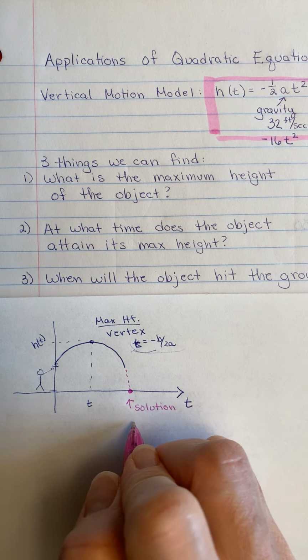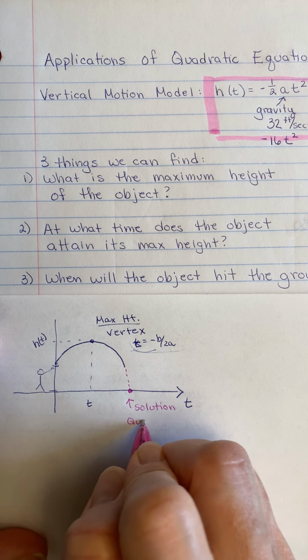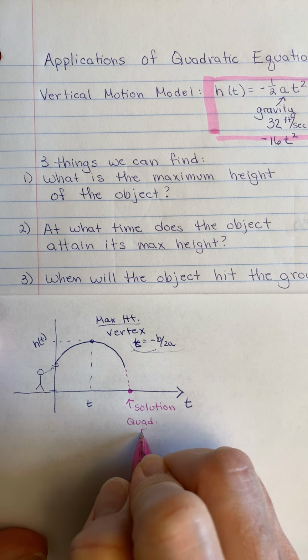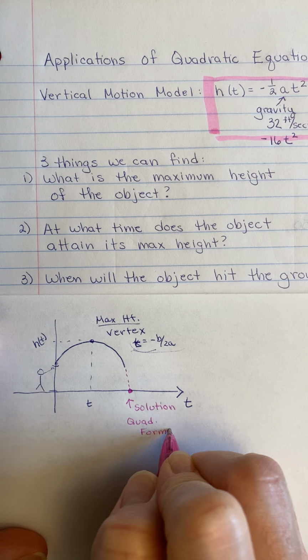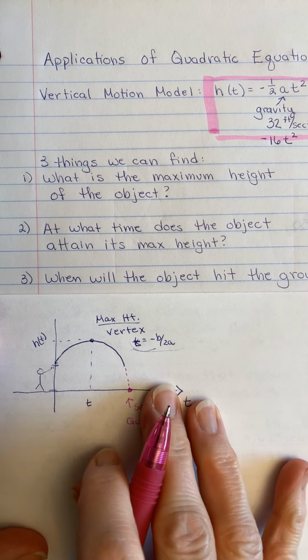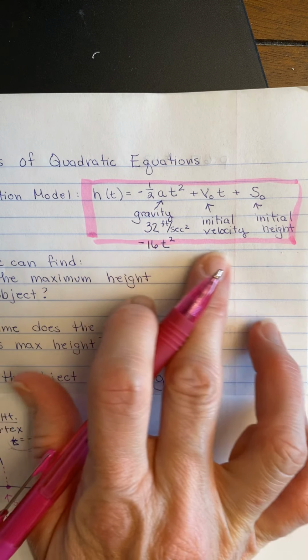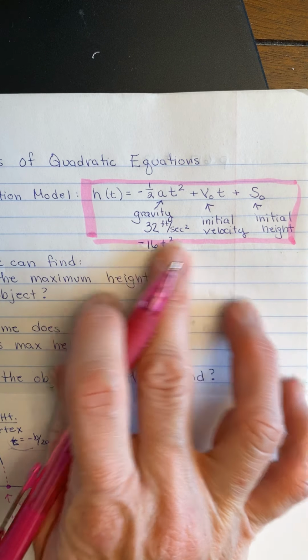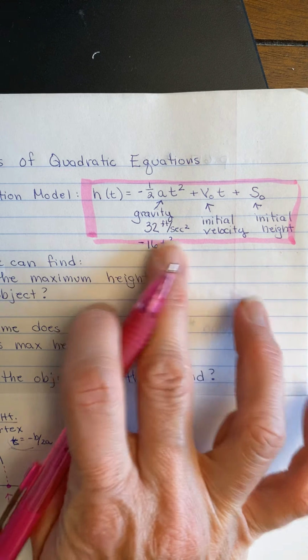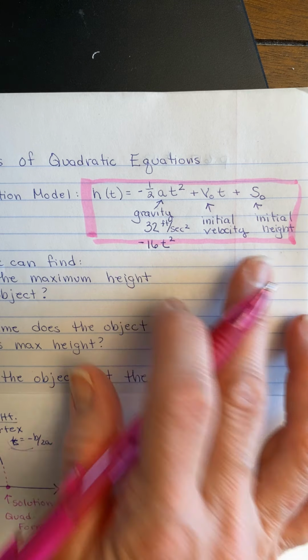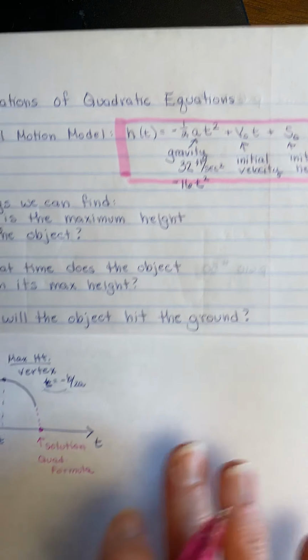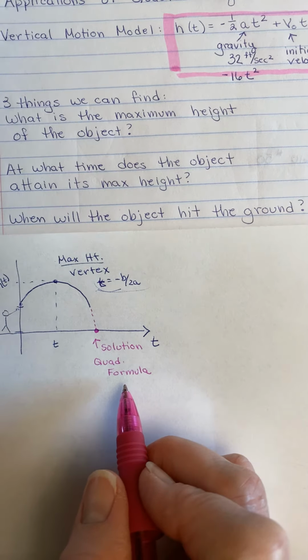We can factor, or we could use the quadratic formula. And that's why I've waited until now to give you this vertical motion model, because as you can tell, our numbers get kind of nasty, and nasty numbers are most easily solved using the quadratic formula.